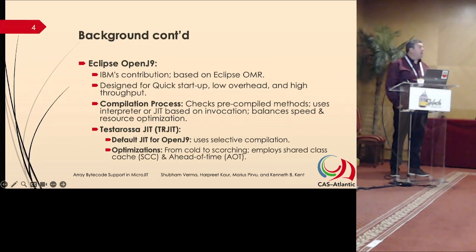As the application's running, it's collecting profile information, and as it hits various thresholds, it does yet another compilation to bleed out some more performance. In addition, it employs the shared class cache to tuck away information from previous runs and use it to get ahead in terms of profiling. And then it also uses some ahead of time compilation.